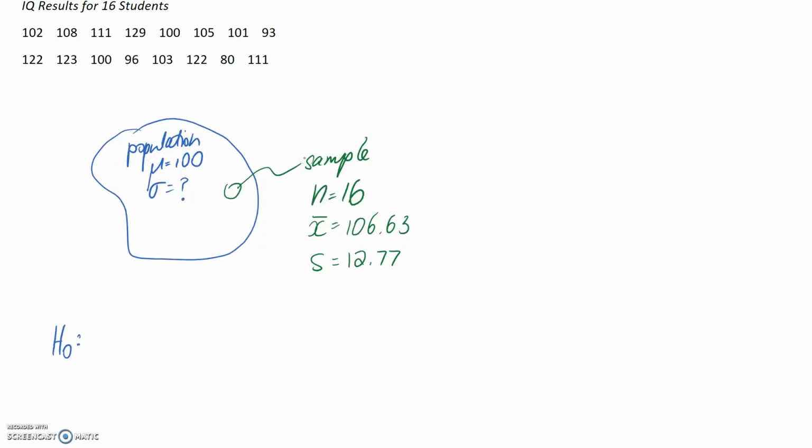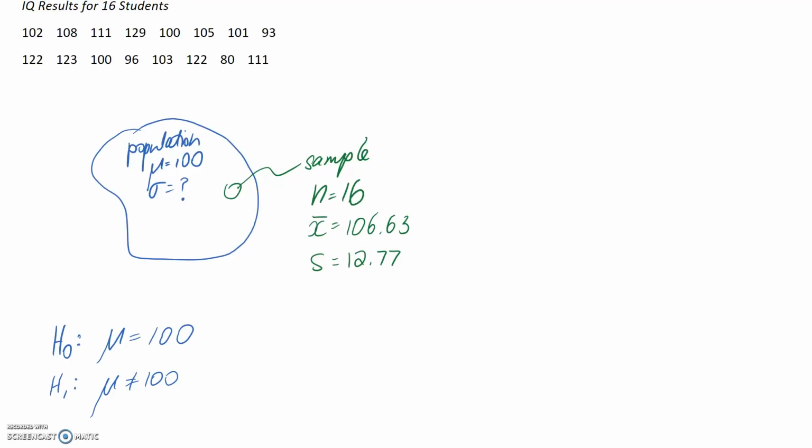It's the pretty boring conclusion. So we could write that as mu is equal to 100. Now the alternate is the more interesting one, and we give that H1, or sometimes people write HA for the symbol, and it's going to be the opposite. So that's going to be that the mu value is not equal to 100.